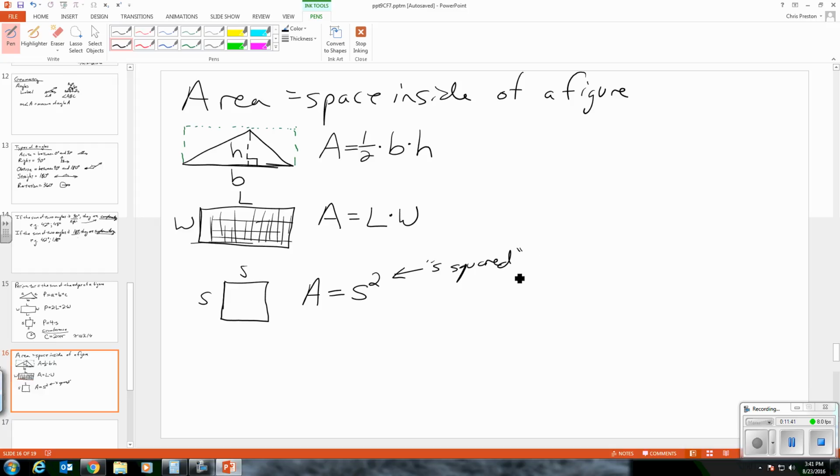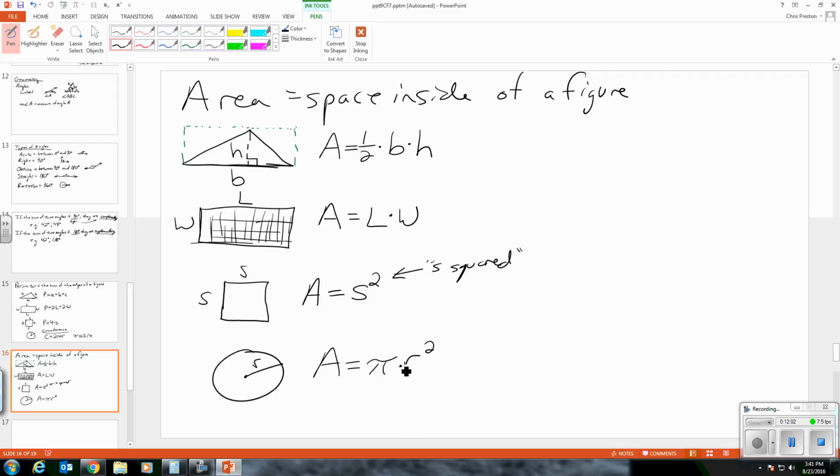The reason why we call it squared is because it refers to a square. That's why when you raise something to the second power, it's called squared, because it's S squared when you're talking about a square. For a circle, again, circles are based on the radius. The area is pi r squared.